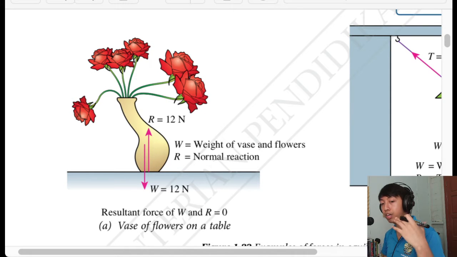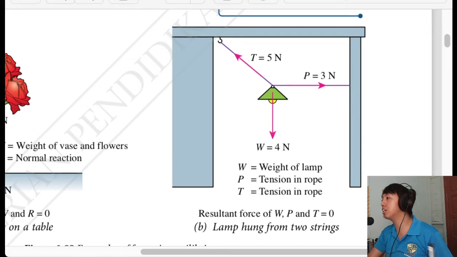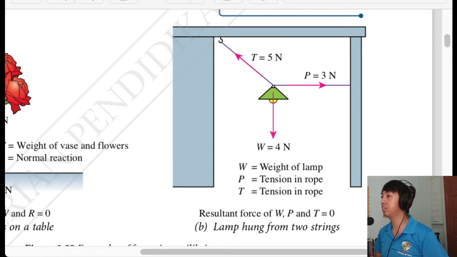So if we have two forces, then the calculation is quite simple. You have up and down or left and right, and both forces are the same, just in opposite directions. It gets a little bit more interesting when we have three forces in three different directions.